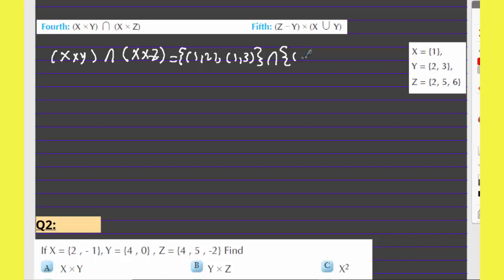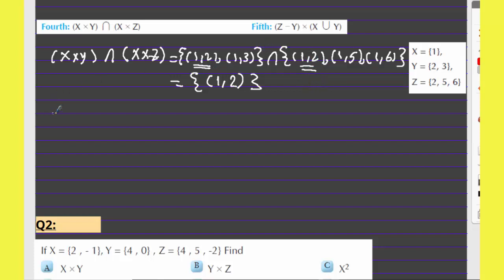The elements here are (1, 2), (1, 5), (1, 6). So the intersection equals, I'm looking for the common elements. Here is the common element, only one element, it is (1, 2), not (1, 3). Only (1, 2) exists here in the first set and in the second set.